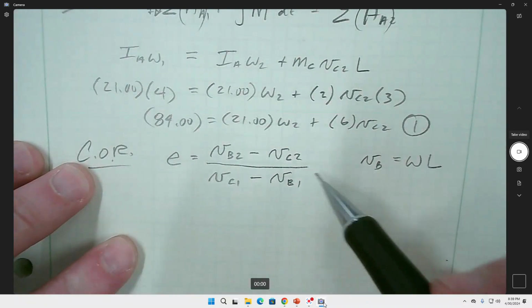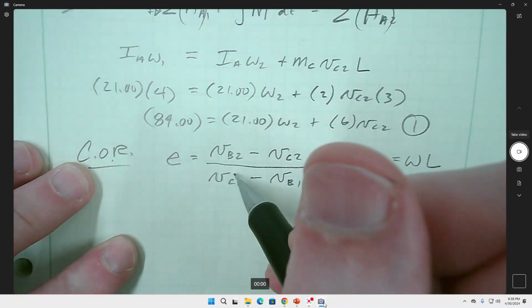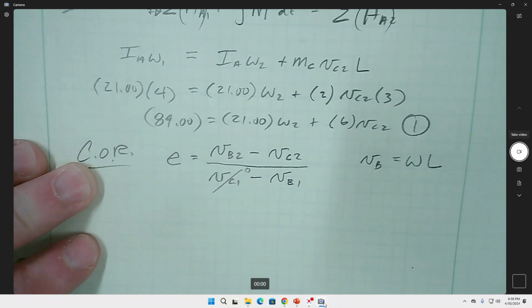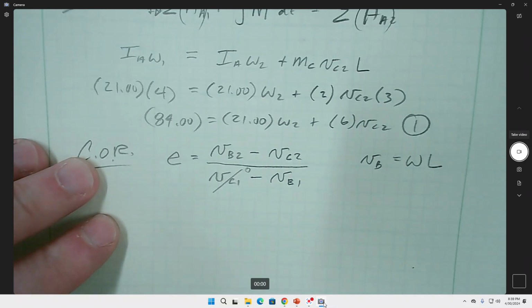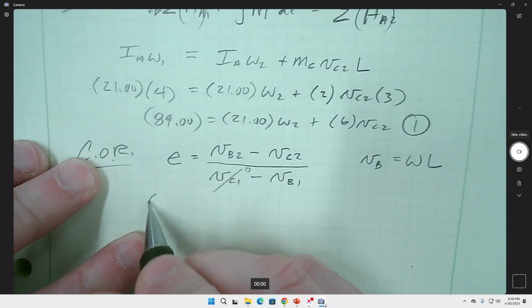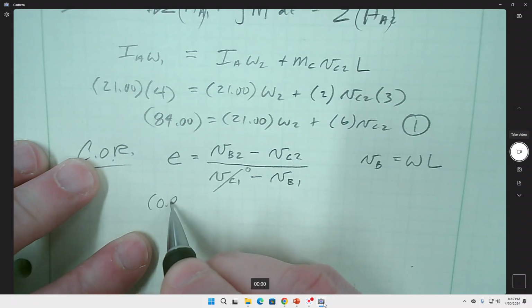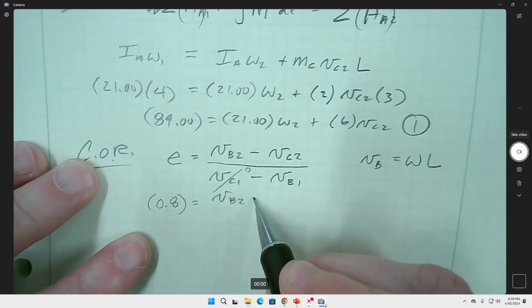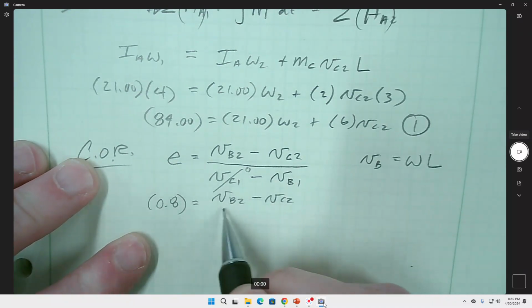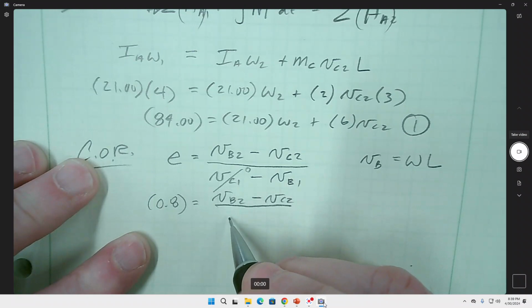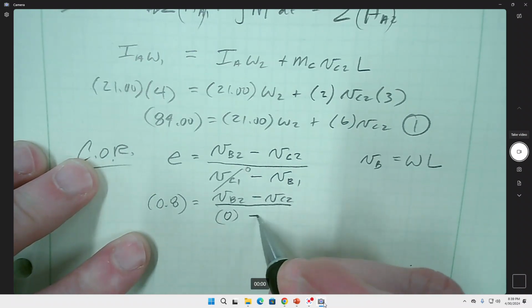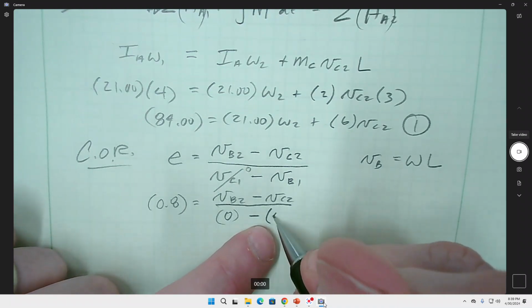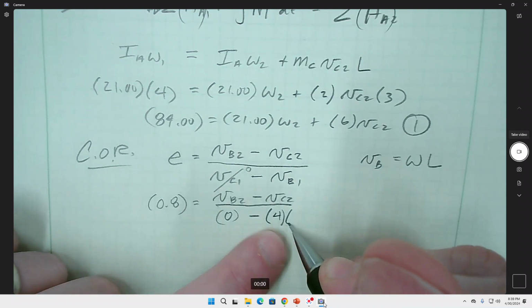So the ball is starting at 0. I could have flipped them over. So this is what, 0.8 equals, okay, here's V_B2, we don't know that, minus V_C2, we don't know that, divided by 0 minus, and that's going to be 4 times 3.